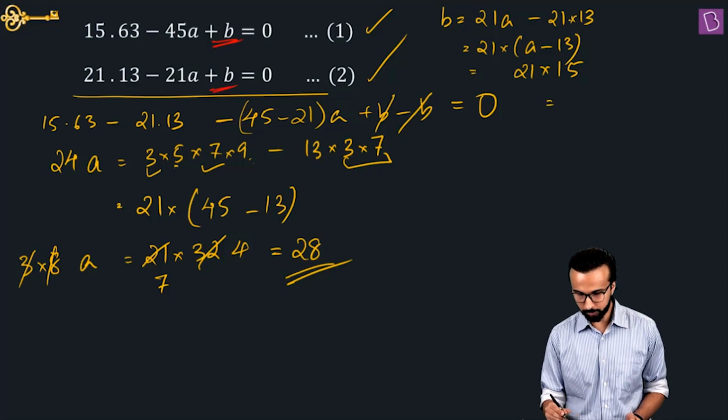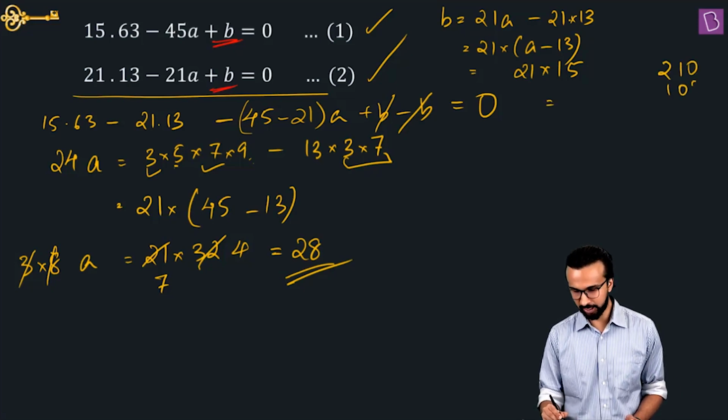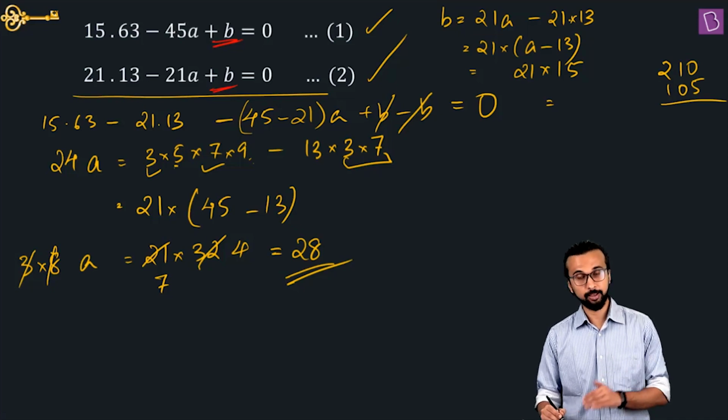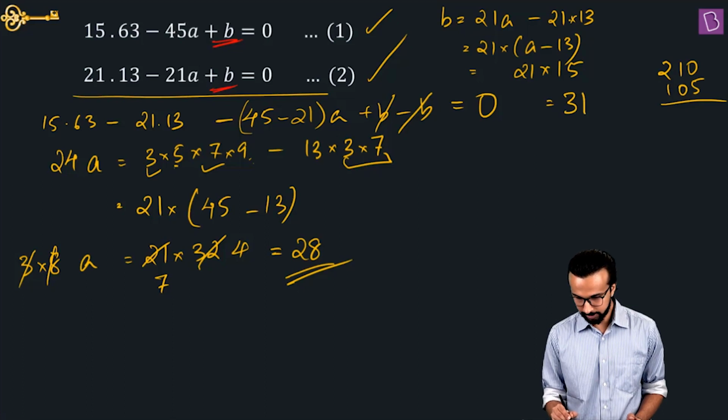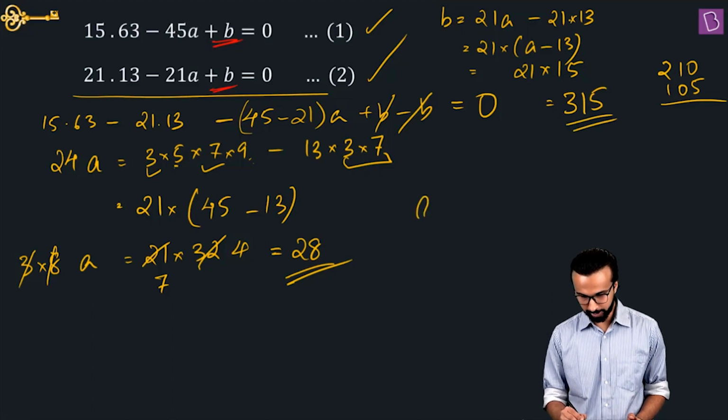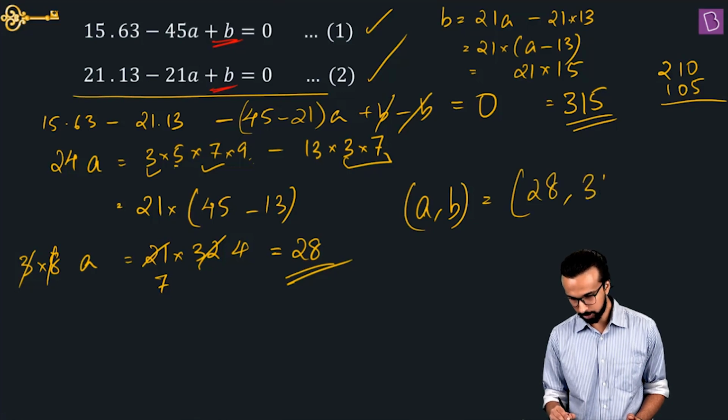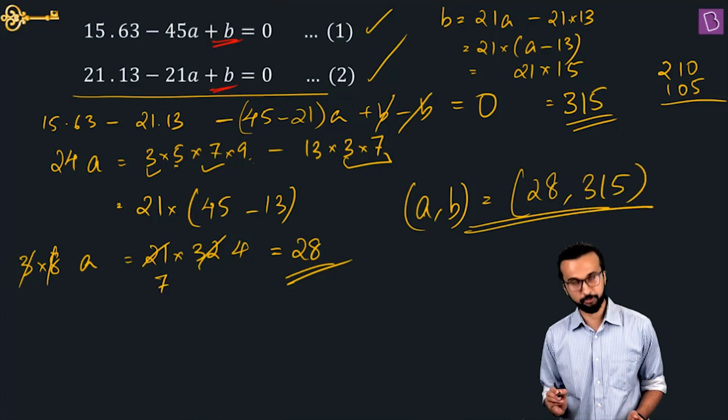Now what's 21 into 15? 21 into 10 is 210, 21 into 5 is 105. You add both of them up, you get 315. So the value of (a, b) will be (28, 315).